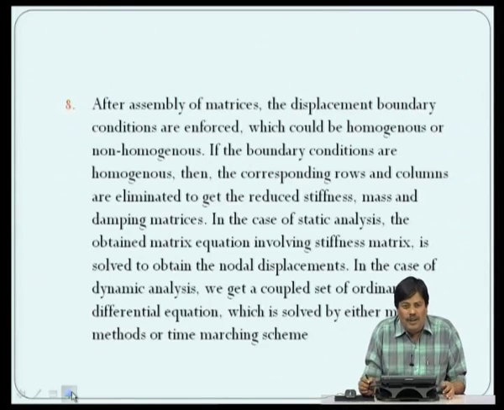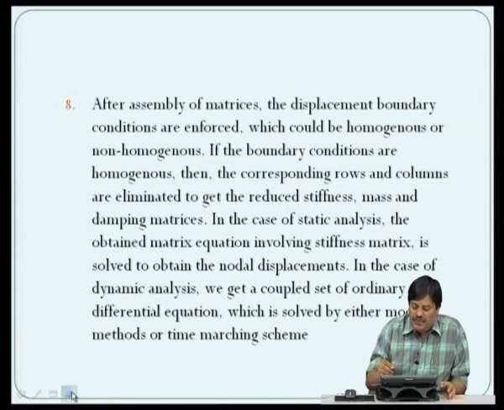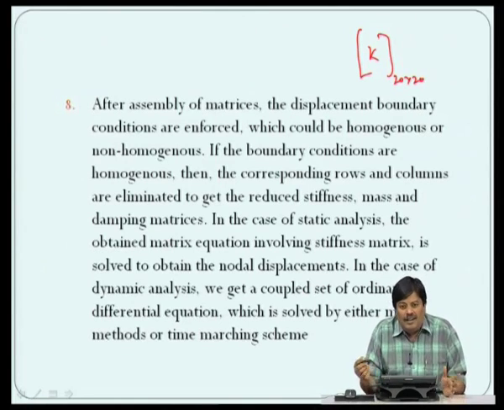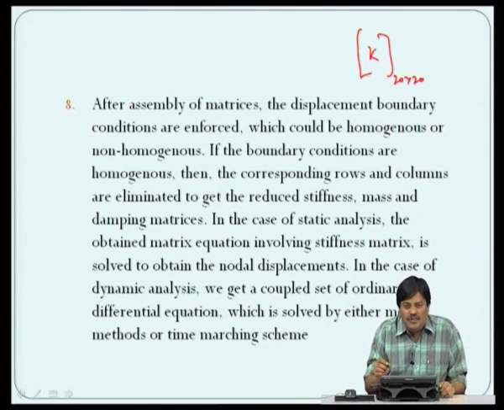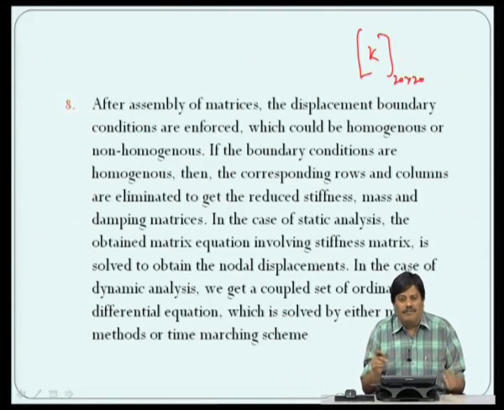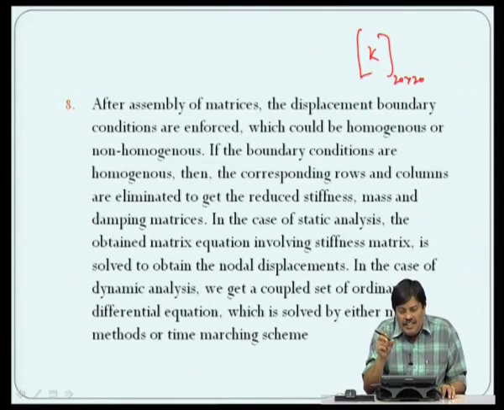Then after the assembly process, we get a stiffness matrix, say your K will be 20 by 20 for a 10 element rod, let us say, and this 20 by 20 will correspond to the 20 degrees of freedom in the rod. Each element will have 2 degrees of freedom. There are 10 elements, so there are 20 degrees of freedom.